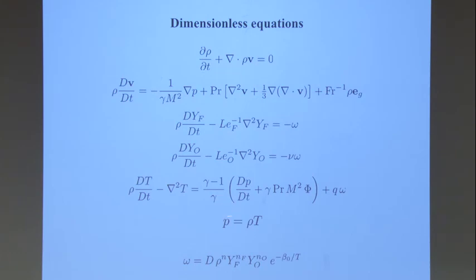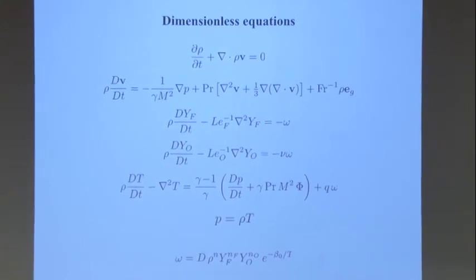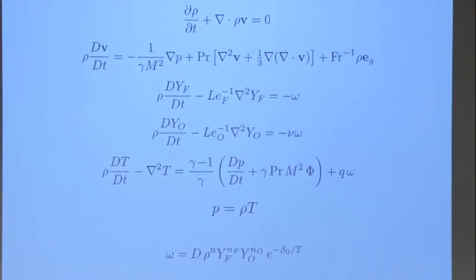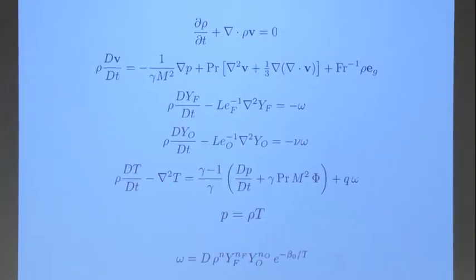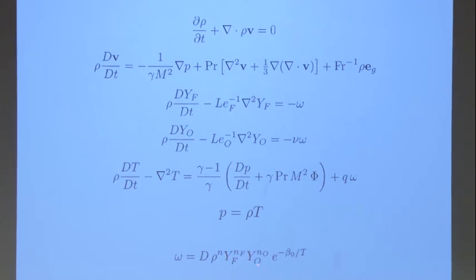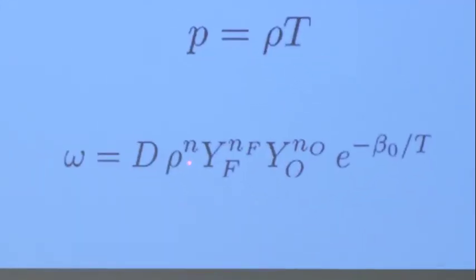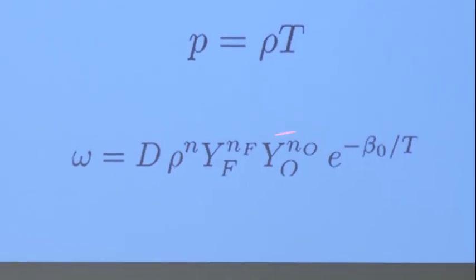And in this form, clearly the equation of state will be P equal to rho T, because we scaled P with P naught, rho with rho naught, T with T naught. Okay, and finally the reaction rate would have the fuel mass fraction raised to NF, the oxidizer mass fraction to NO, density to the sum of the two, right?